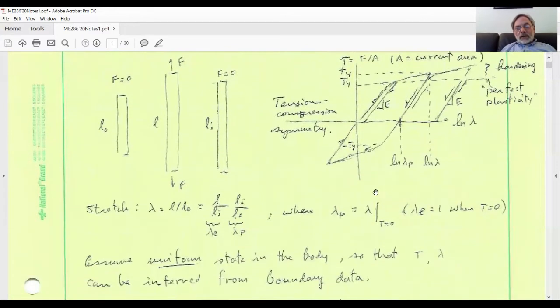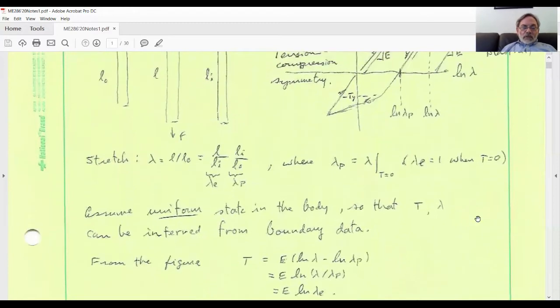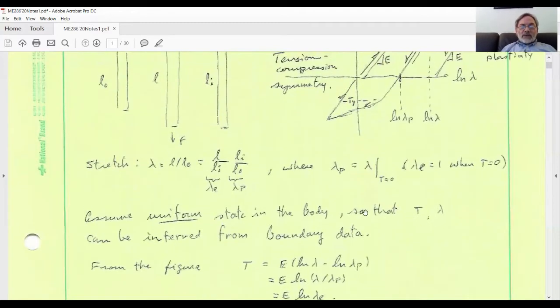The elastic strain times the elastic modulus furnishes the current value of the stress. Okay, so again, the plastic stretch is the overall stretch when the stress is zero in the uniform case, or in other words, lambda sub elastic is equal to 1 when the stress is zero. The reason I'm discussing a uniform state is because then the stress and the stretch can be inferred from boundary data.